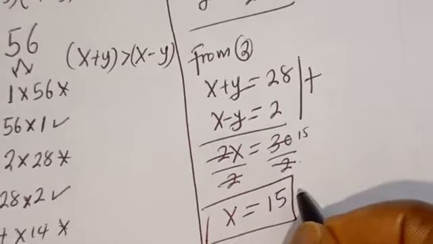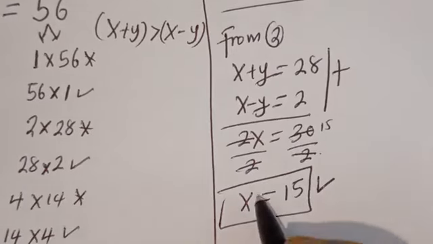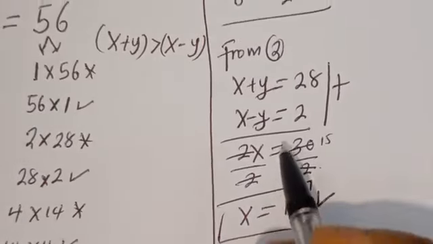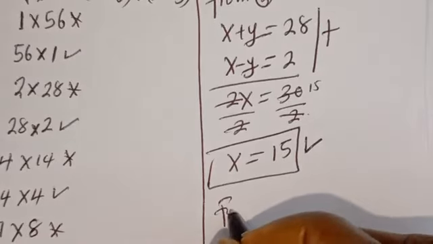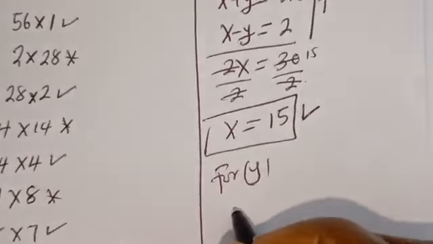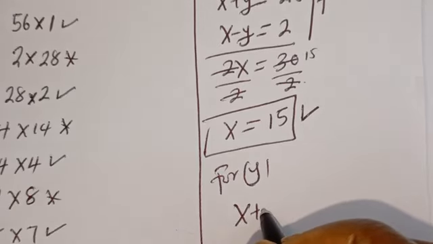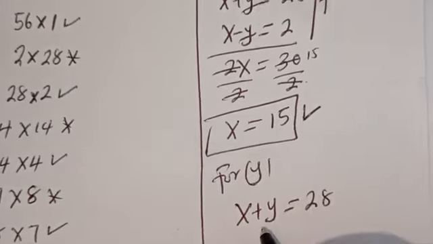And of course, this is a natural number. So let's solve for y using either equation 1 or equation 2 here. For y, we have x plus y is equal to 28.